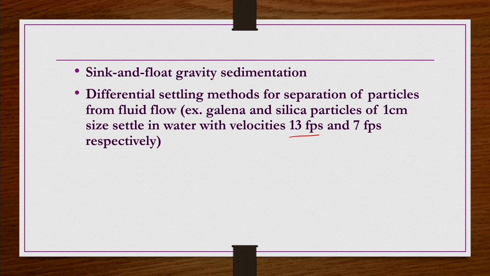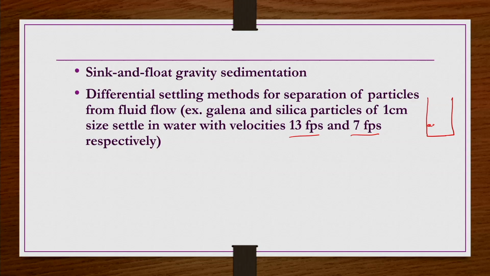The silica particles, though their size is also 1 centimeter, have a bit lower settling velocity, that is 7 foot per second. Because of that, those particles settle slower, and they may form a layer on top of the PbS particles. That is how you can have these two fractions.